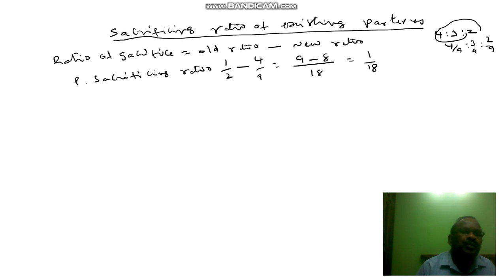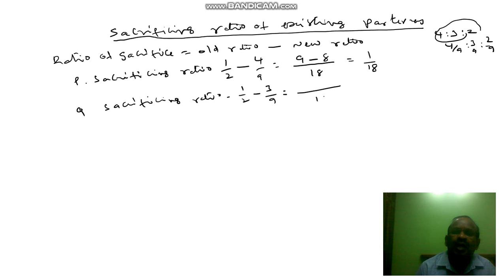Here the Q sacrificing ratio is 1 by 2 minus 3 by 9. The common denominator is 18, so 9 minus 6 is 3 by 18.